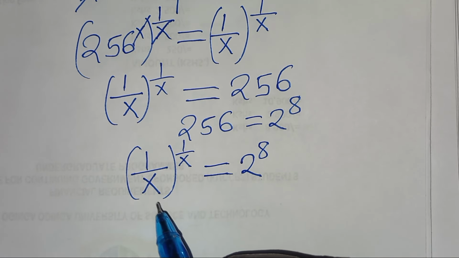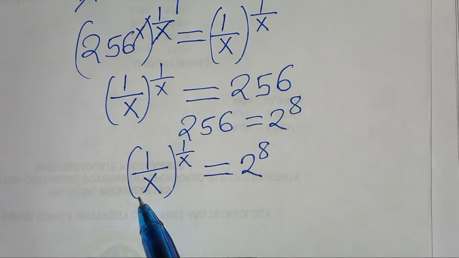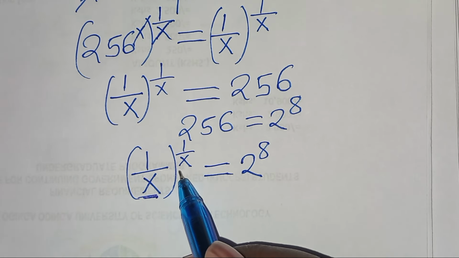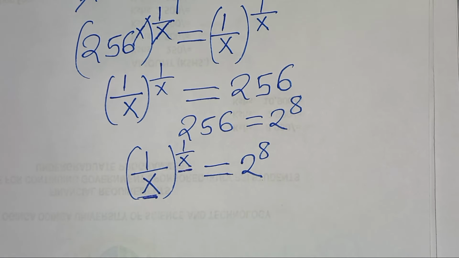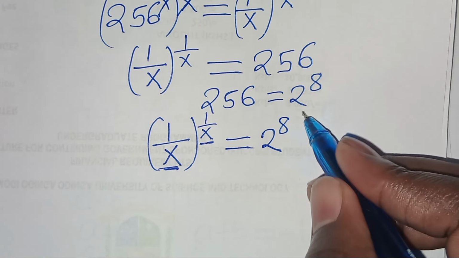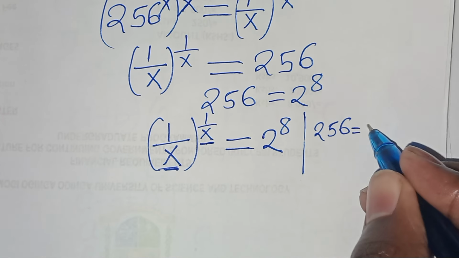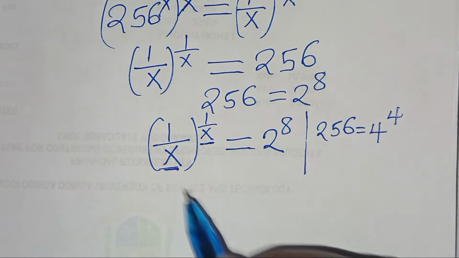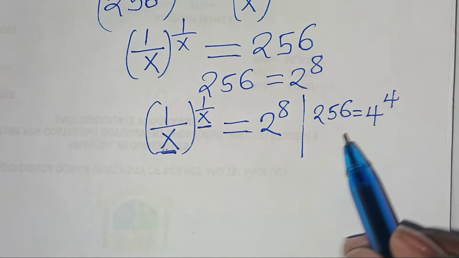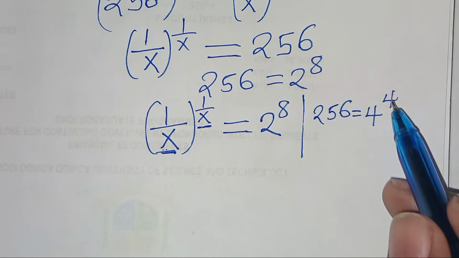And we have that the base here is not equal to the exponent. And therefore, this also implies that 256 is the same thing as 4 to the power of 4. Remember, we want the base to be equal to the exponent.